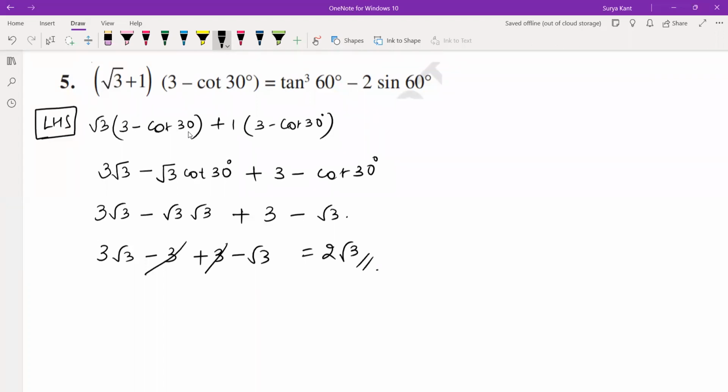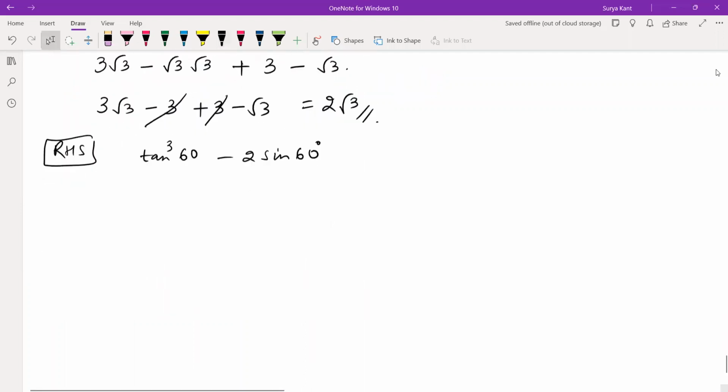Now we have to solve for RHS. Tell me, Nityashree, tan cube 60 minus 2 sin 60. Tell me what I should write here. Sir, to be frank, I don't remember the value exactly. Nityashree, can you turn on your camera? Yes, sir, 1 second. So root 3 to the power 3 minus 2 into sin 60.